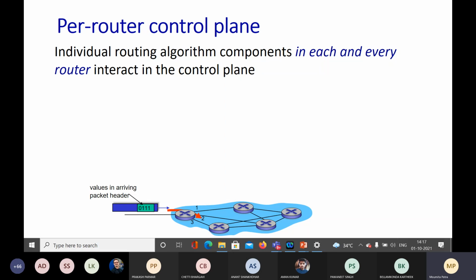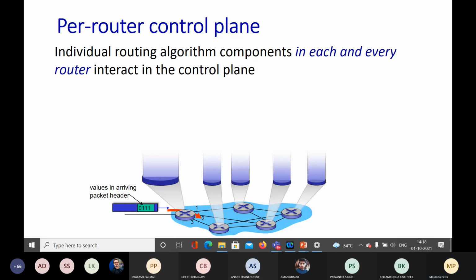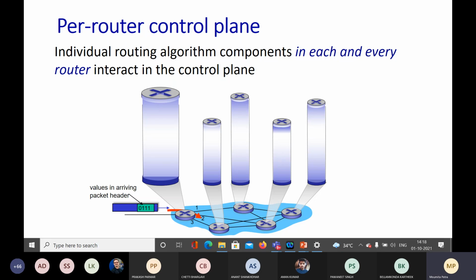So that's what I told, that if it is a per router control plane functionality, that means at each router you are going to have certain routing algorithms which are going to help to find out the desired path from source to the destination. So this is how it works out.